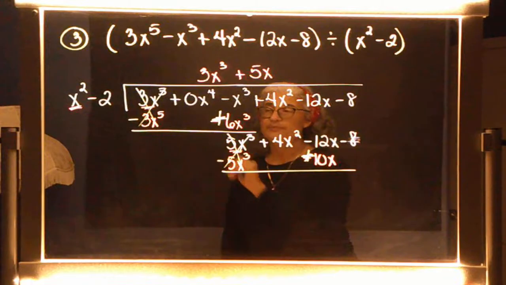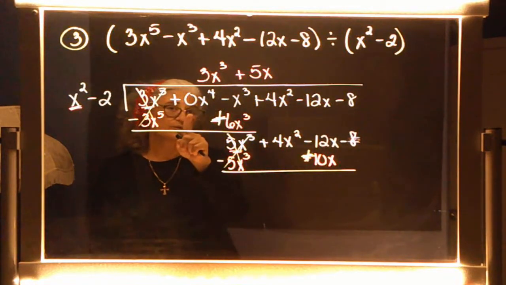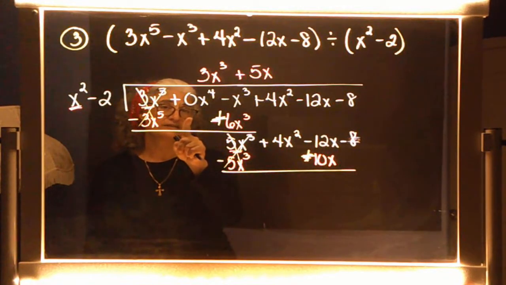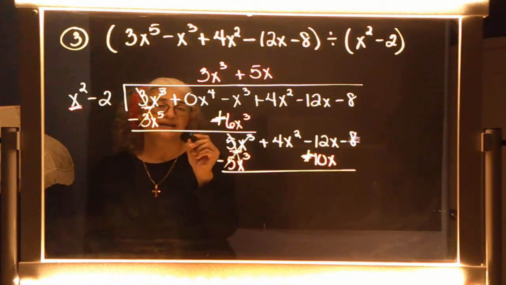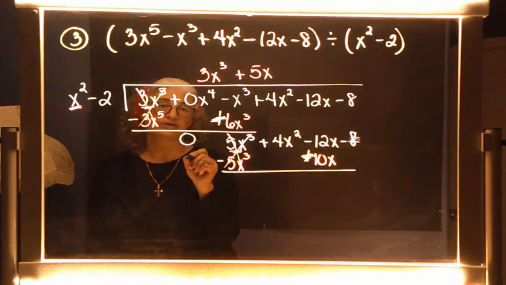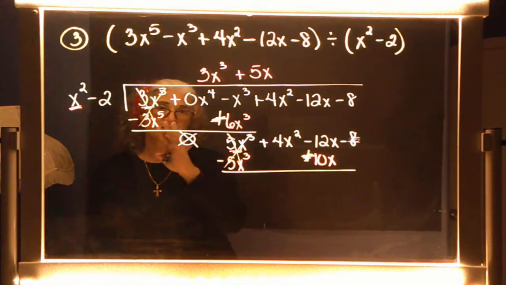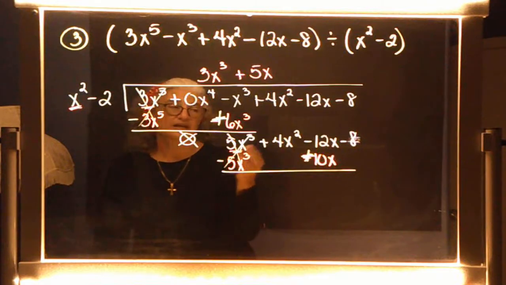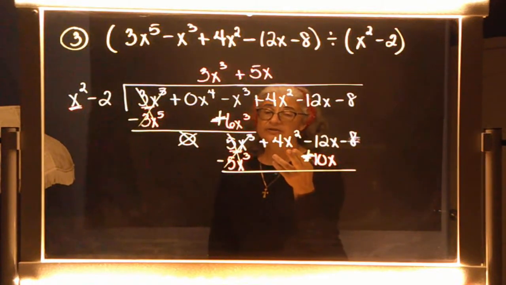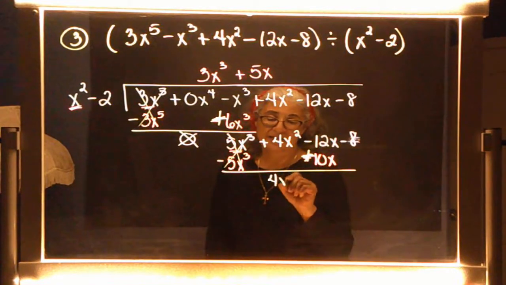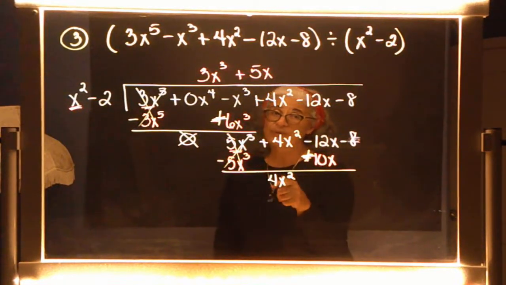Okay, so let me back you up a second. Over here, nothing went under the 0x to the 4th, did it? So 0x to the 4th plus 0x to the 4th, this would have been just a 0 here, which doesn't do anything for us. 4x squared plus nothing is still 4x squared. So that's important for us to bring down. Are you with me?